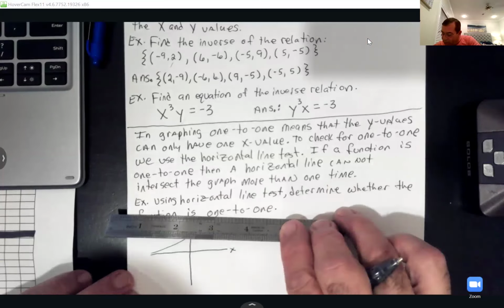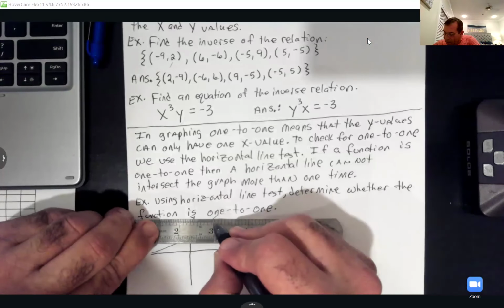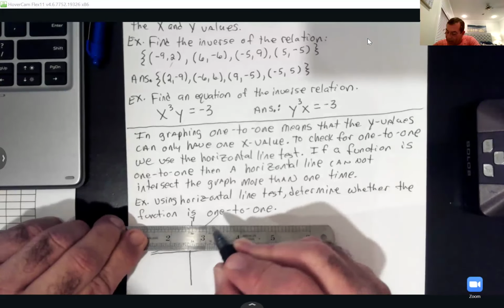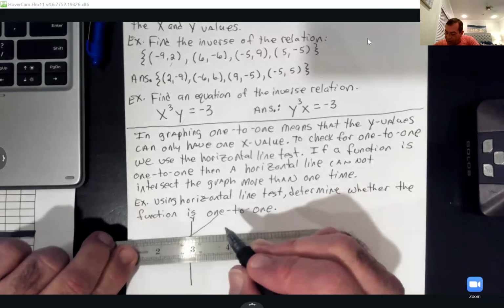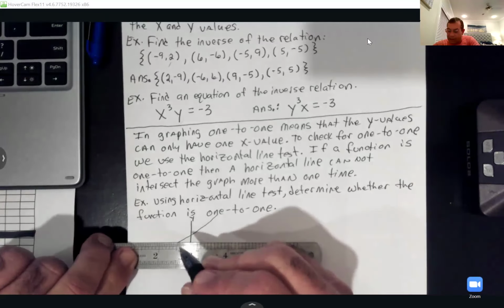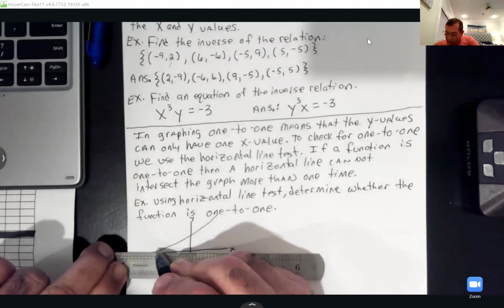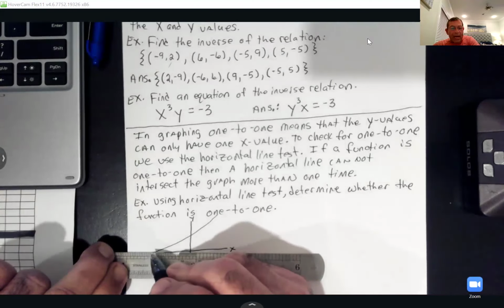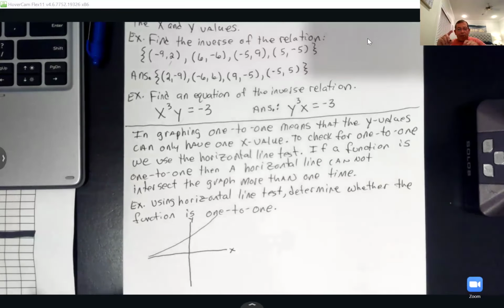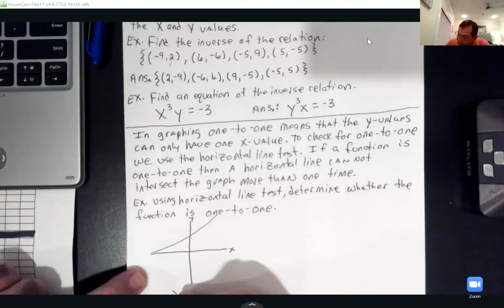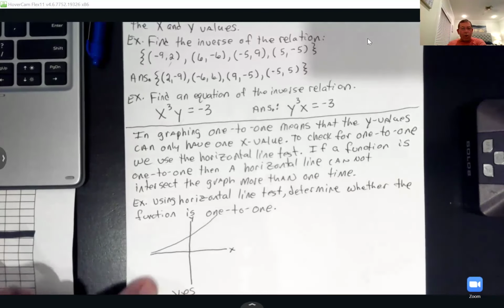So I would run my horizontal line. Only intersects it once. No matter where I put my horizontal line, it only intersects my graph once. So this is yes, one-to-one.